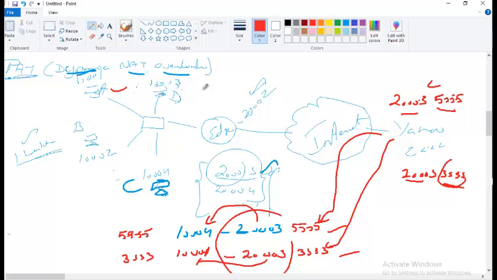That's why we call it overload, dynamic NAT overload. And because port numbers are involved in this overloading, it is also called port address translation, PAT.